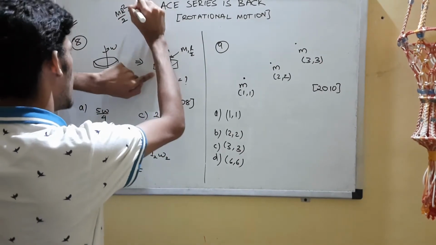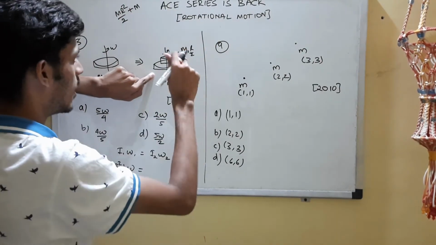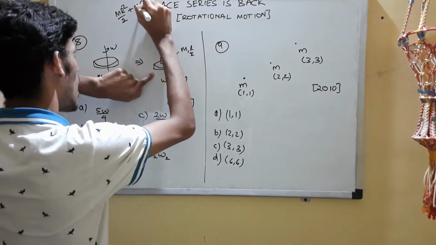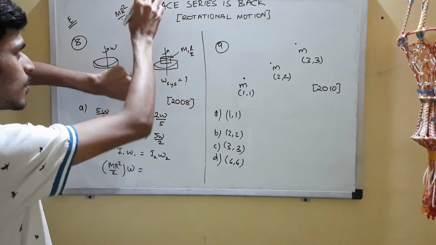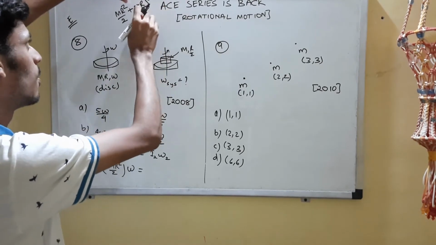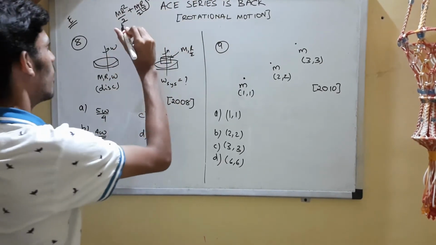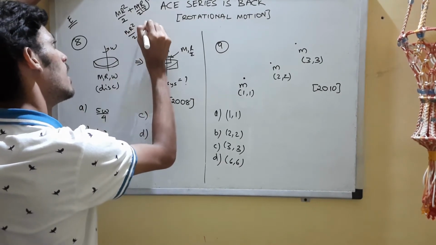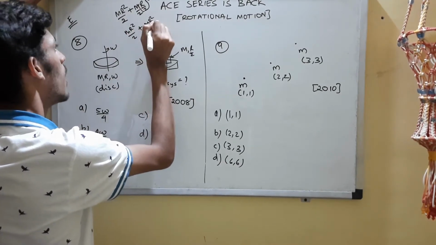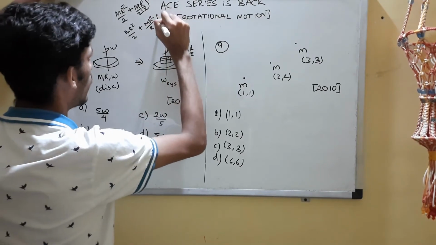This one is mr square by 2, but the radius is r by 2, so it is m times r by 2 whole square, divided by 2. So when you add this, it will be mr square by 2 plus mr square by 2 into 1/4.